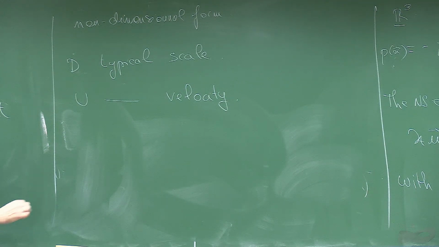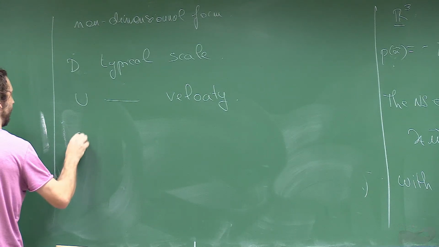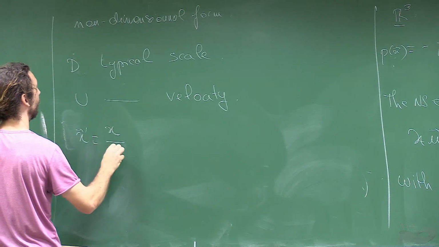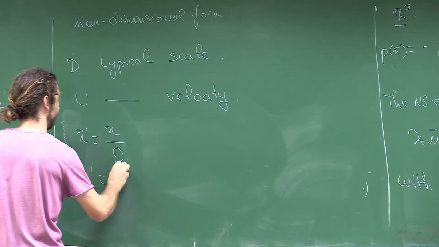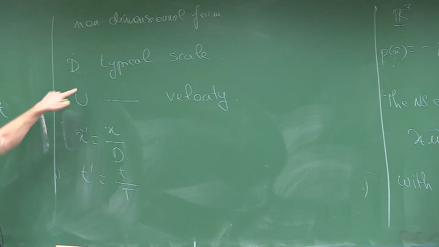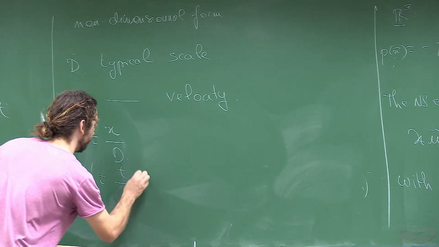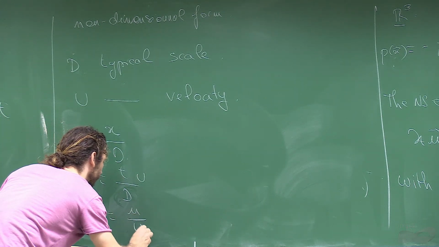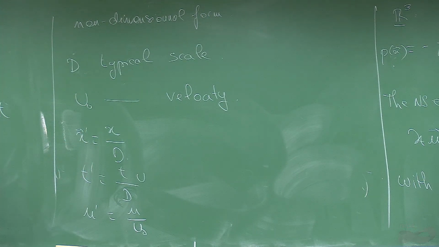And then, okay, let's write x prime is x divided by D. t prime is t divided by, so again, we want to put a t here, and t is nothing but D over u0. u prime is u over u0. In fact, we don't need to rescale the pressure, because as we have seen, we could work without pressure, but if we keep it, we have to rescale it as well.